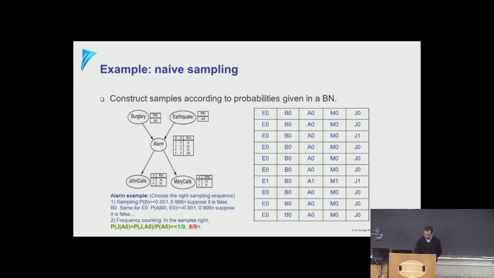Okay, so let's say we have a joint distribution here. Maybe we just gave names to it. This is a network telling you a story.